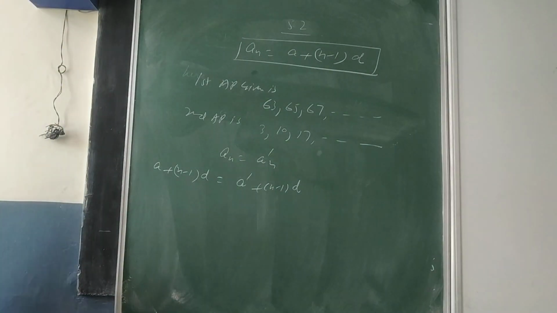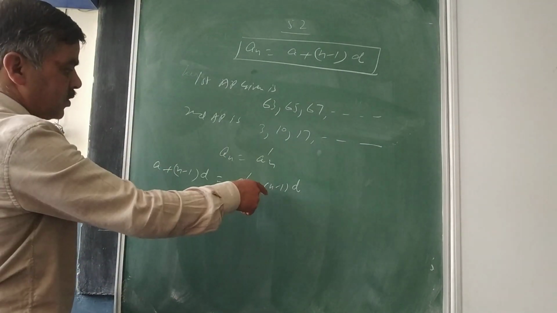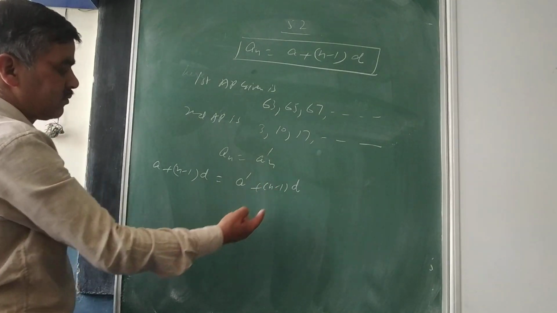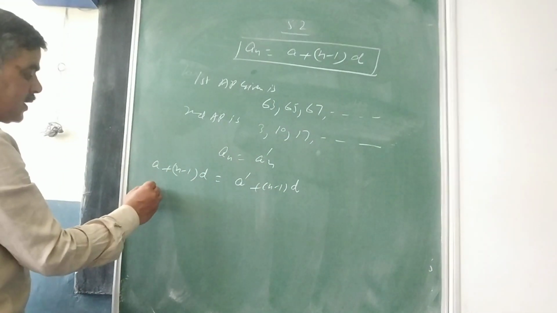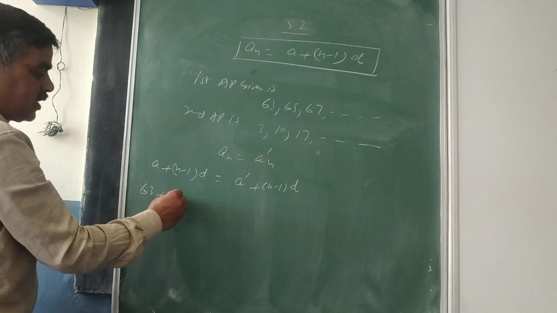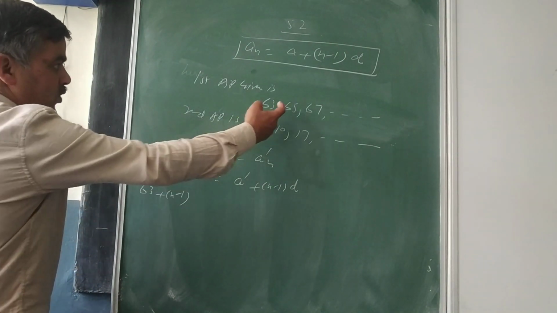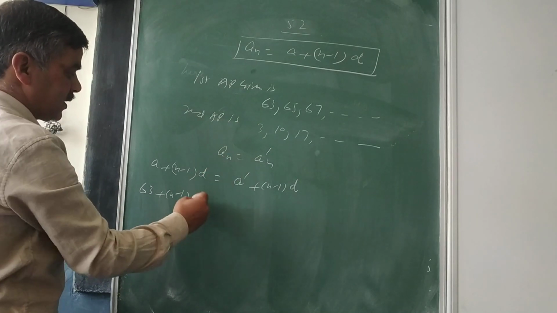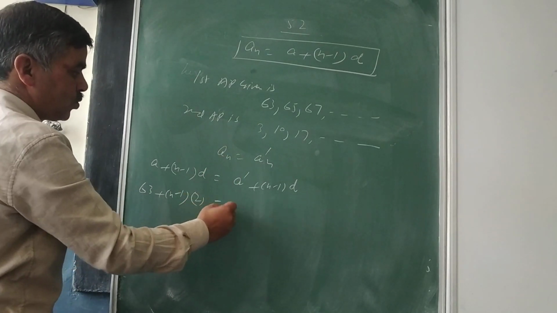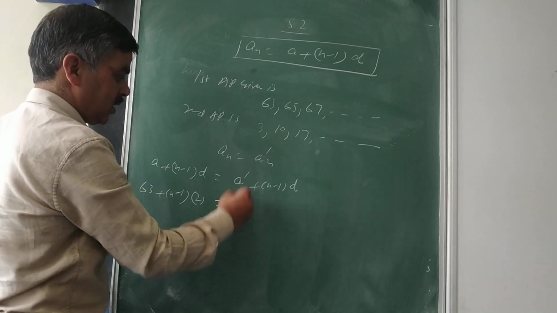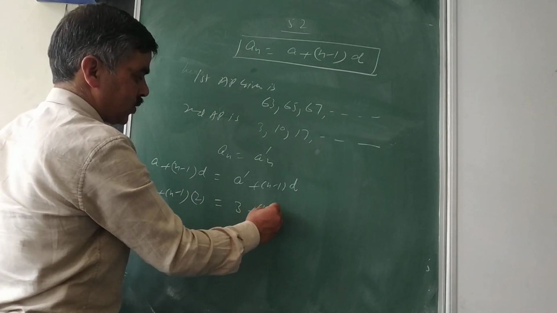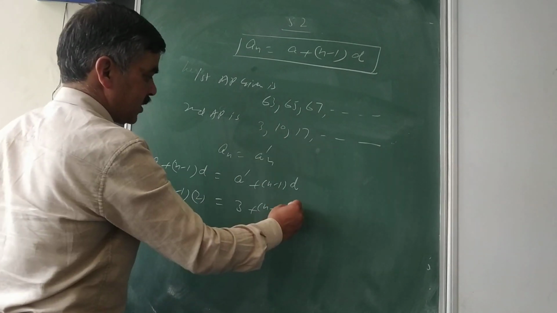For the nth term I get both APs equal. Here a is 63 plus (n minus 1), and the common difference 65 minus 63 is 2. In the second AP the first term a dash is 3, n minus 1, and d, 10 minus 3, is what?